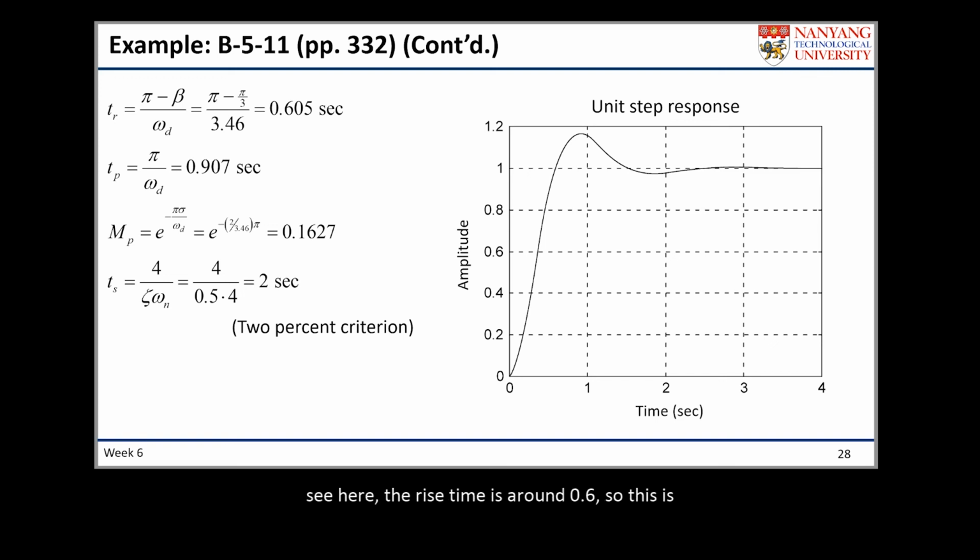As you can see here, the rise time is around 0.6. So this is the rise time, about 0.605. And this is the peak time, the instant when the response reaches the maximum overshoot. This is 0.907 based on our calculation.